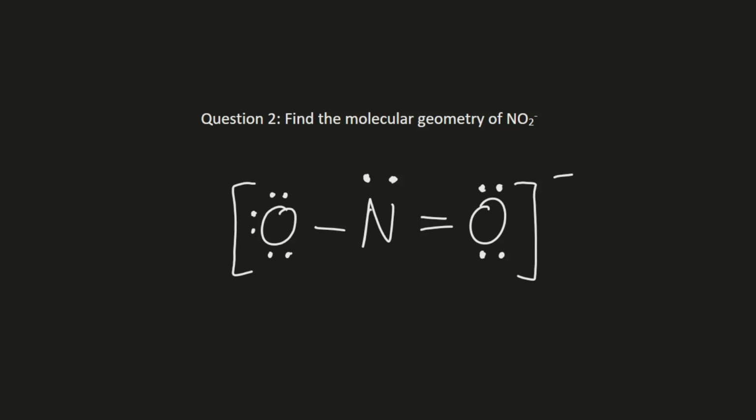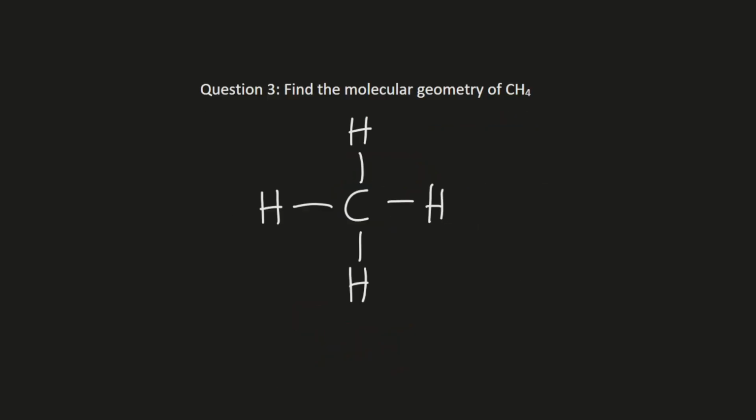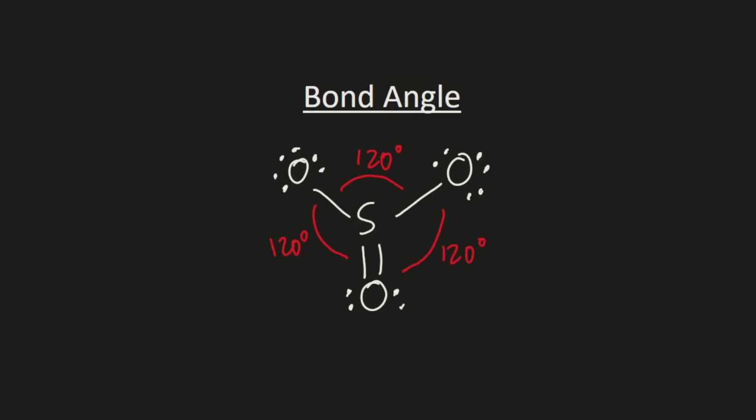And this is bent because if we disregard the lone pair, it would have a trigonal planar shape. The lone pair at the top is forcing the other two oxygen atoms downwards, which gives it the bent shape. Okay, the molecular geometry for this one will be tetrahedral on account of the four atoms and four bonds around the central carbon atom.